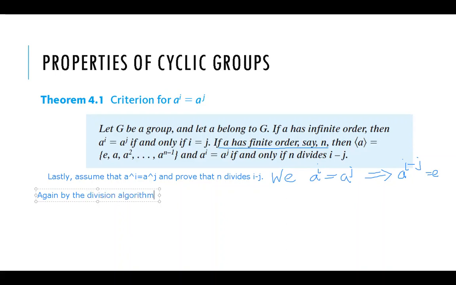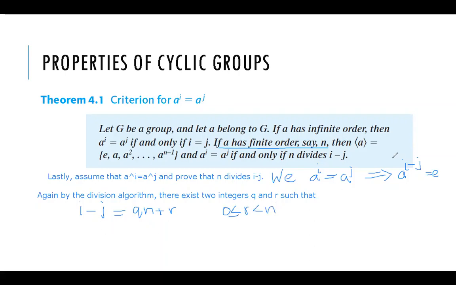Because now we have another power, a^(i-j), which is equal to identity. So that is why we want to determine the relation between n and i minus j. So by the division algorithm, again, there exist two integers q and r such that i minus j equals qn plus r, where r is greater than or equal to 0 and less than n.